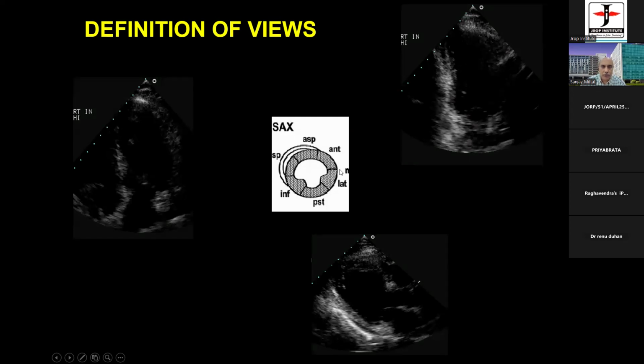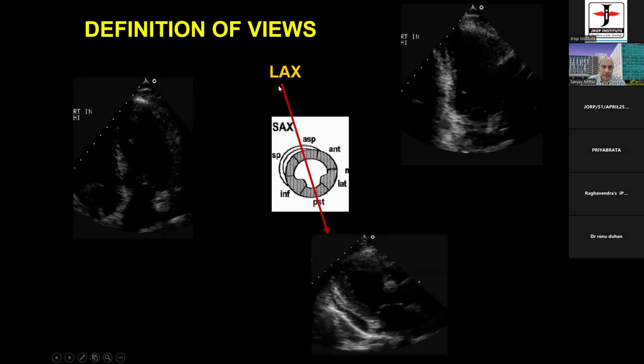In the long axis view, when we place the transducer anteriorly and cut the ventricle in this direction, the beam crosses through the anterior portion of the interventricular septum, which we call the anterior septum, and the posterior wall, which is between the origins of the papillary muscles. So the posterior wall does not give rise to the papillary muscle, and we should not see the origin of the papillary muscle in the parasternal long axis view.